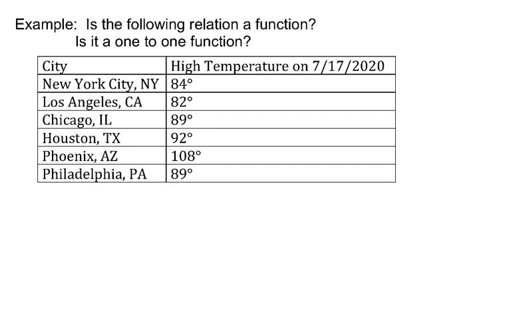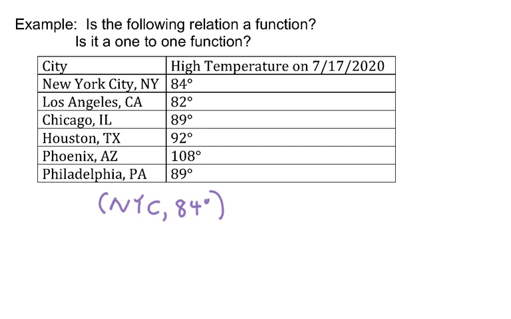This table, which might be something you might see on the Weather Channel or in a newspaper, shows in one column the name of one of the 6 largest cities in the U.S., and in the right-hand column what the high temperature was on July 17th of 2020. Now, although these are not written as ordered pairs, they really are ordered pairs. There's a first coordinate connected to a second coordinate. For example, New York City is paired with 84 degrees, and so forth.